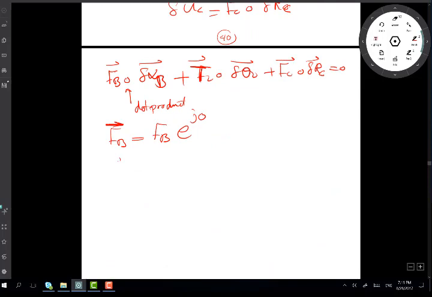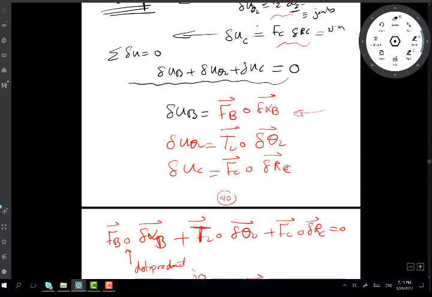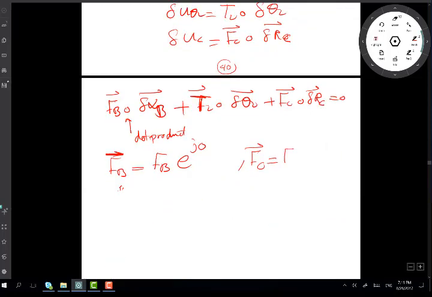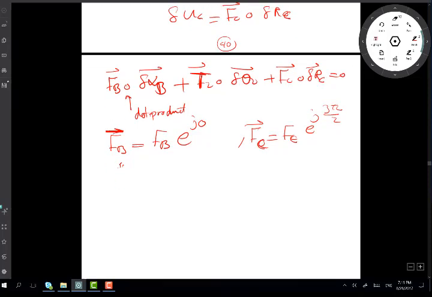And the same applies for FC, and that's a vector. I can say FC is also some magnitude FC times e to the j 3 pi over 2, right? Those are vectors, and we are clear on those, right?